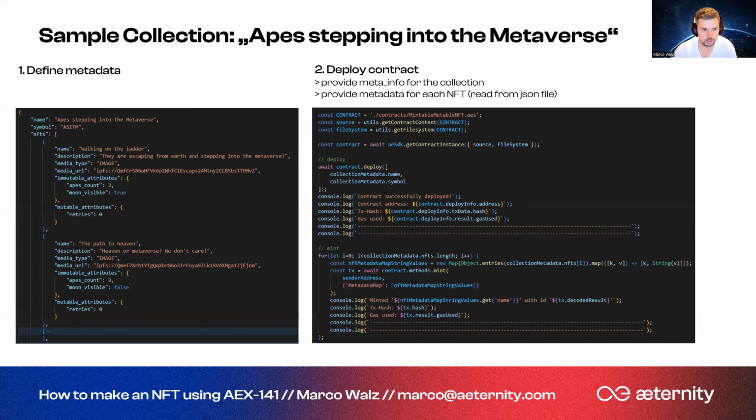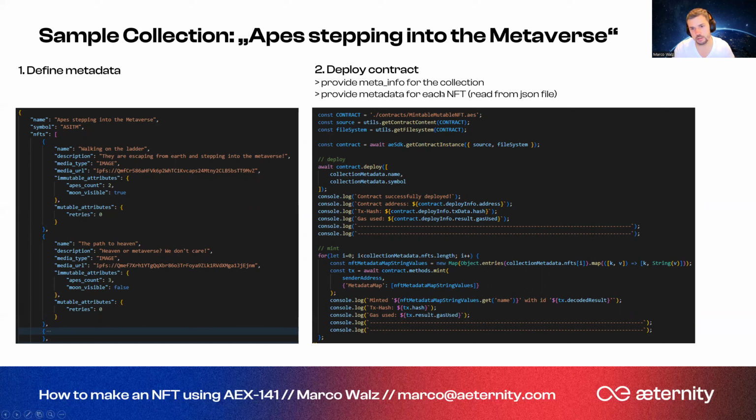Then we have defined a symbol, AEX in that case, and then we have the array for all NFTs, providing NFT-specific metadata here. Like described 2 slides earlier, this is our proposal, and this is how we did it.